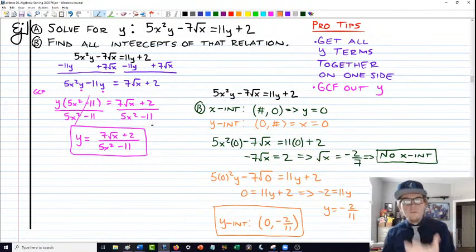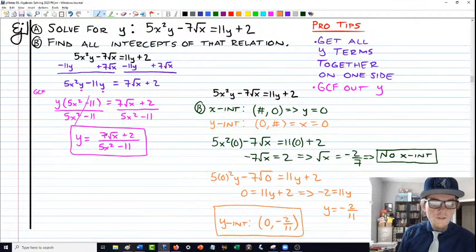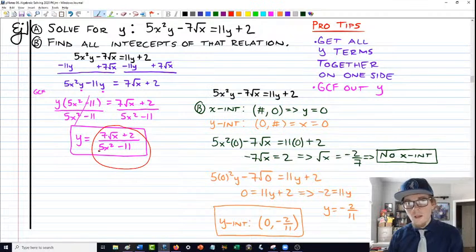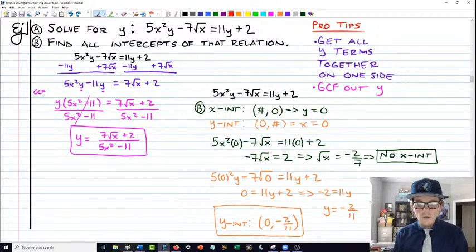If you wanted to confirm why it's not going to actually cross, there are lots of different ways you could get there, but throwing a little bit of calculus at you, you could see what the limit is as this value approaches 0, and you'd see that the degree of the denominator is too large to allow for this to actually cross 0. So in other words, we did find this correctly. There is no x-intercept, and there is a single y-intercept at 0, comma negative 2 over 11.